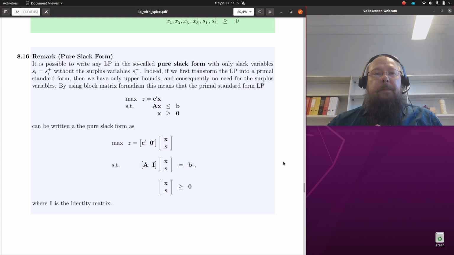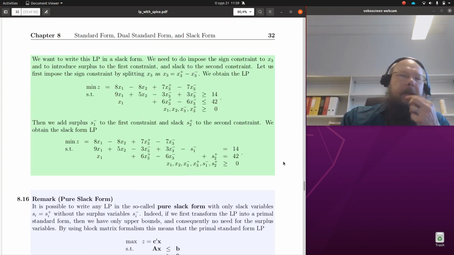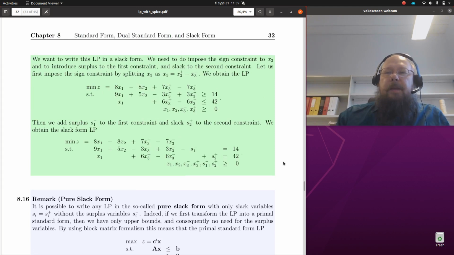And what do I mean by this? Sometimes it's maybe undesirable that we have these slacks and surpluses, these plus and minuses, so that in some lines the slack variable has a plus sign and sometimes a minus sign.